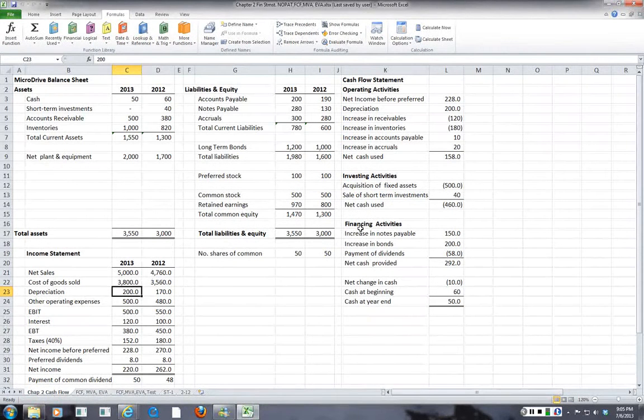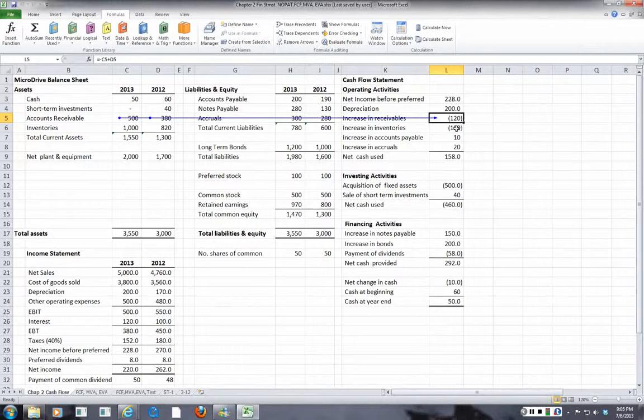Depreciation is a non-cash transaction, so we have to add it back to the net income before preferred. Then we have an increase in receivables. Our receivables went from $380,000 to $500,000. That's a minus $120,000. That increase in receivables has to be financed, so it reduces cash flow by $120,000.